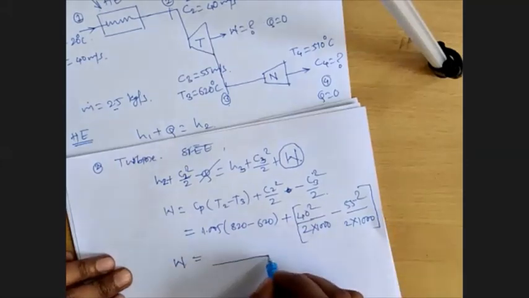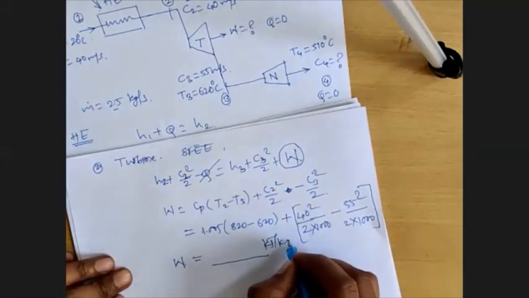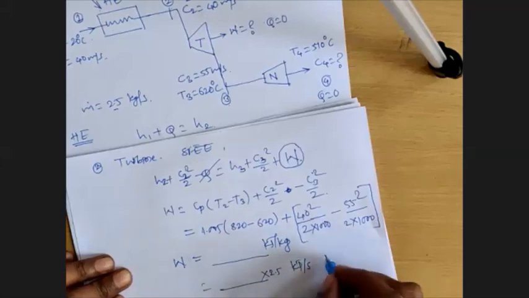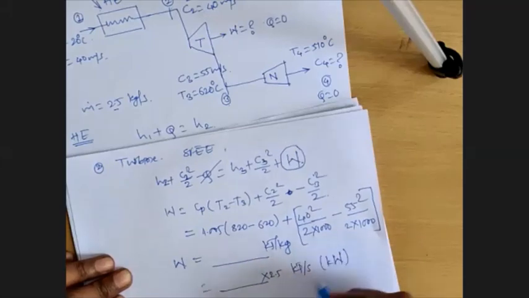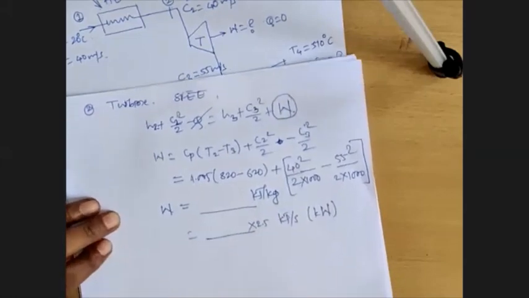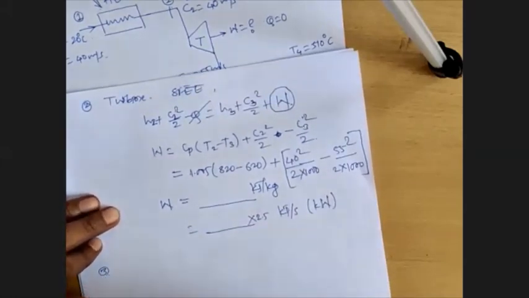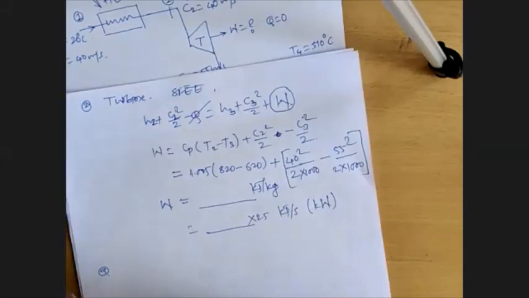W in terms of kilojoules per kg. And if you multiply that one by 2.5, that is mass flow rate, that will become kilojoules per second or kilowatt. Yes, we have got only 5 minutes, so hurry up.